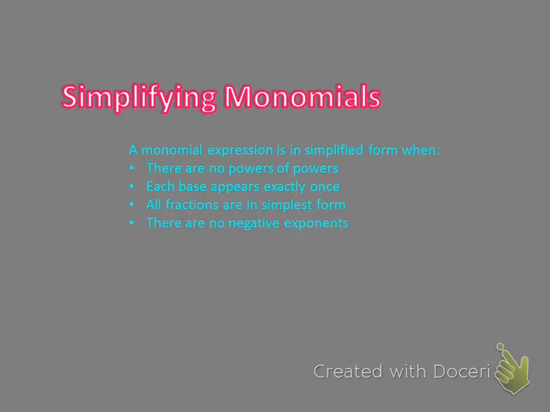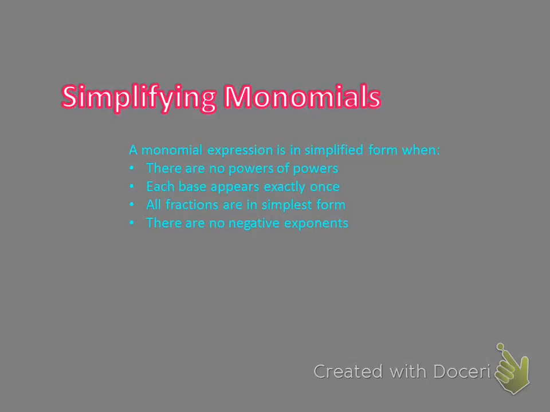The next one, actually, you'd be surprised, is the one I get most people on. Each base appears exactly once. So you're going to be working with multiple variables happening multiple times. Your job is to get them down using these rules to happening one time each.